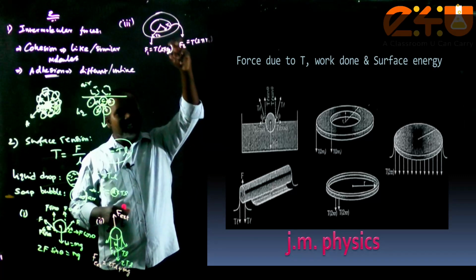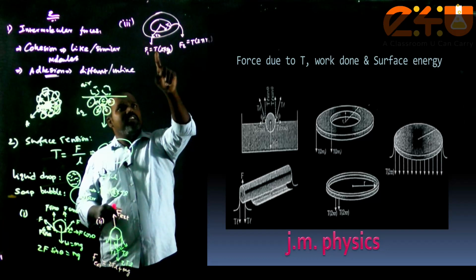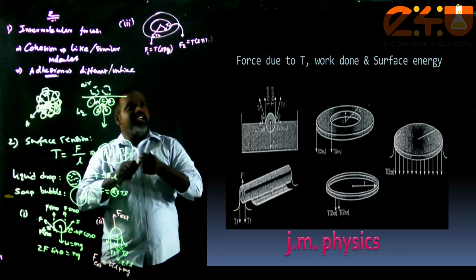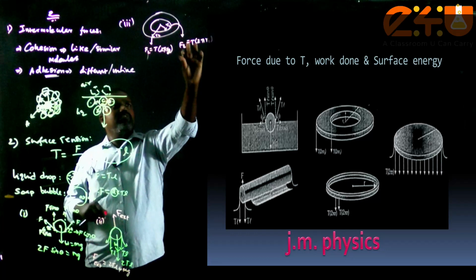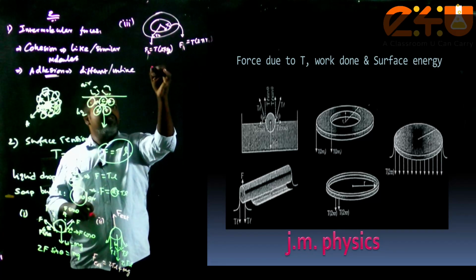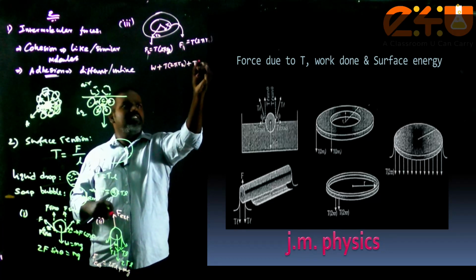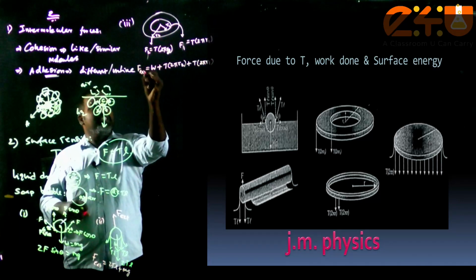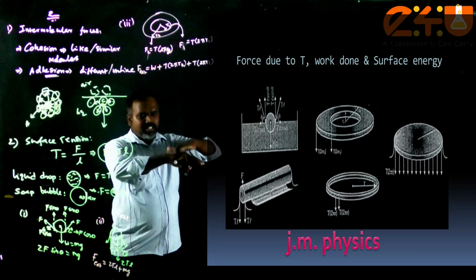If you want to lift the annular ring, along with the weight, the additional forces T into 2 pi R2 plus T into 2 pi R1 should act on it. Therefore the total downward force is W plus T into 2 pi R2 plus T into 2 pi R1. So if you apply an external force equal to that value, then only can you lift the annular ring which is placed near the surface of the liquid.